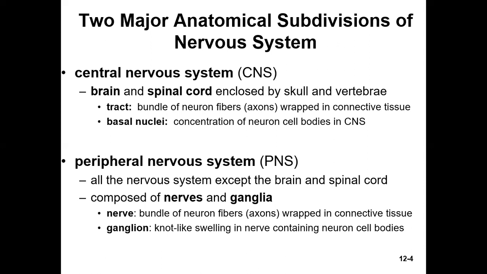A concentration of neuron cell bodies within the central nervous system we call basal nuclei. When it is a knot-like swelling in a nerve, which means in the peripheral nervous system, that also contains neuron cell bodies, we will call these ganglion.